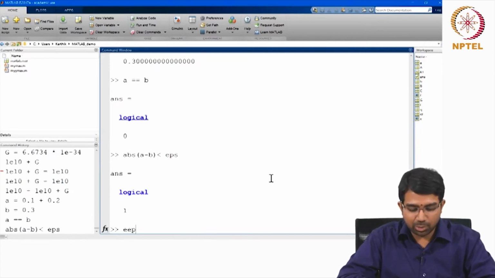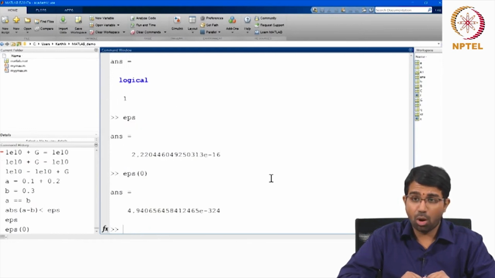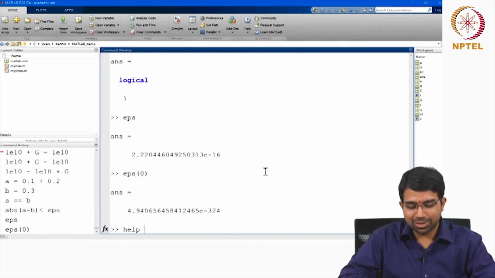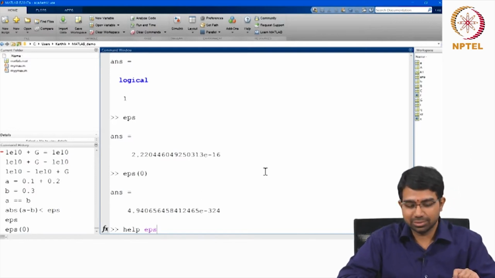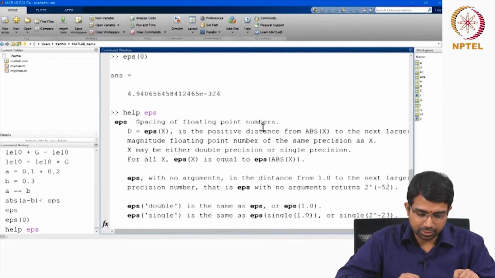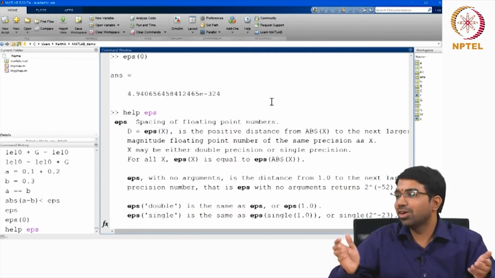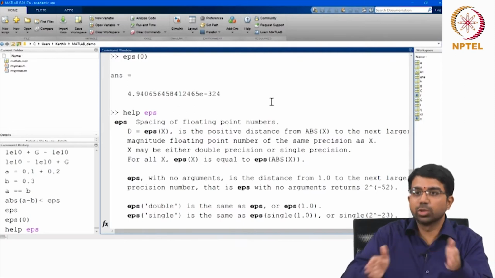So, what is therefore EPS? EPS in MATLAB is a cool quantity. It is the smallest number which, when added to a number, will make it different. So, it basically gives you the spacing of floating point numbers, and this spacing is not uniform.